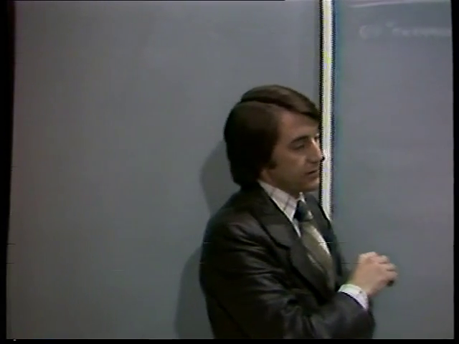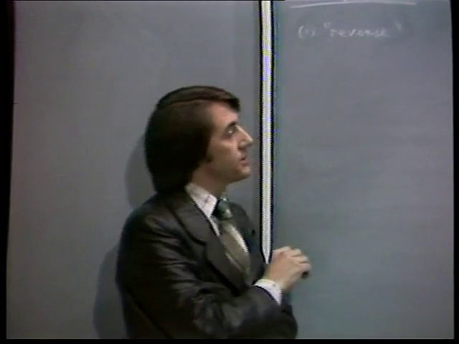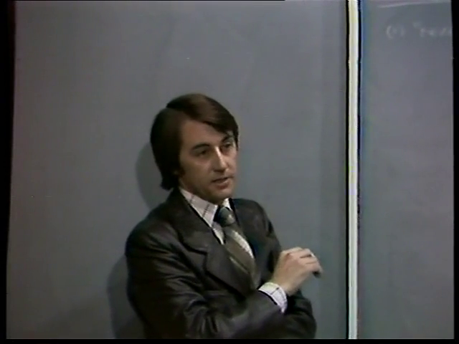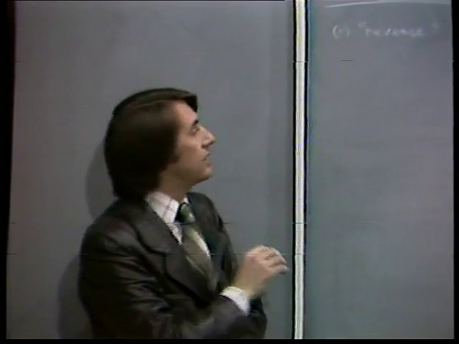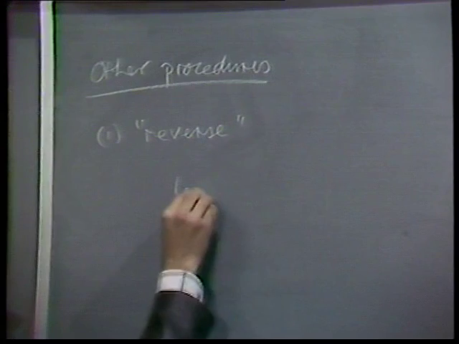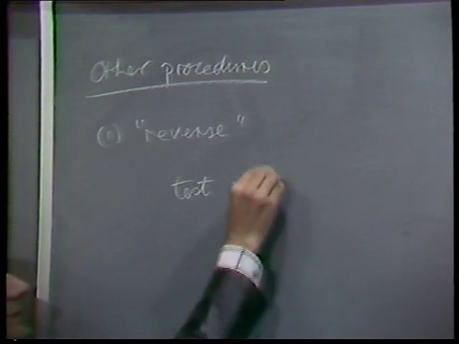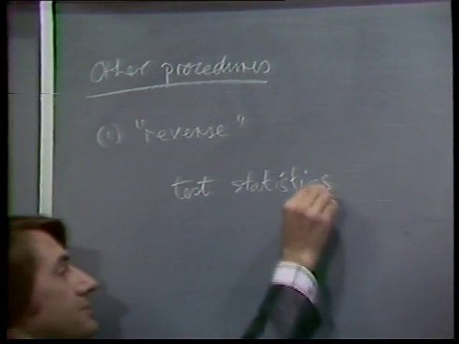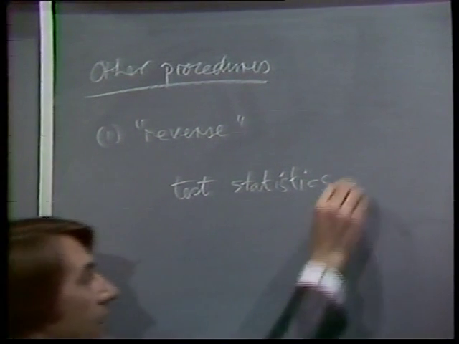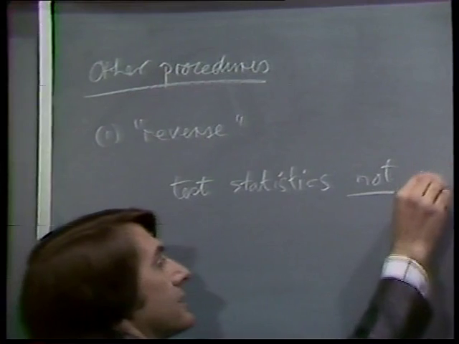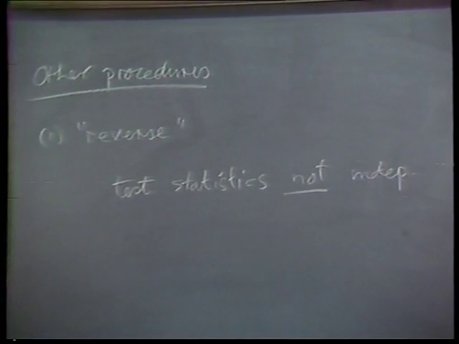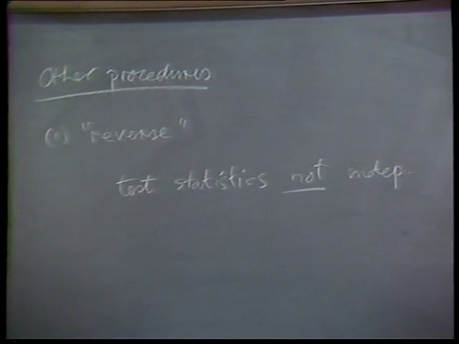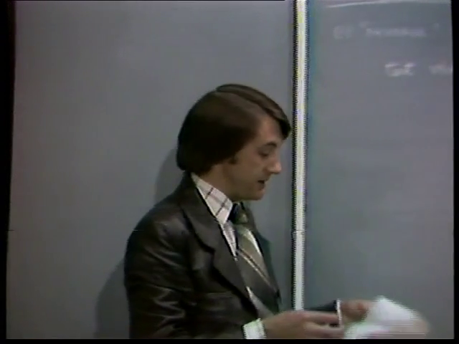But it's also difficult to consider the power of this particular procedure because the test statistics in the sequence are no longer independent. So the test statistics for the reverse procedure are not independent. And so it's virtually impossible to say anything at all about the power of that procedure.